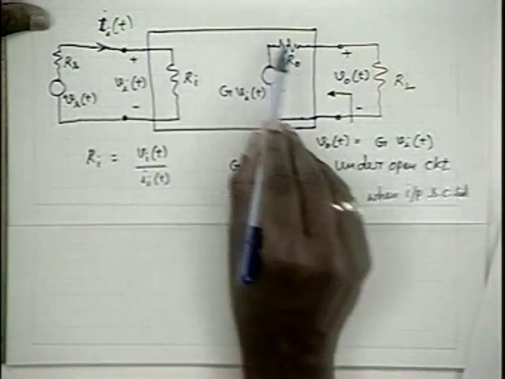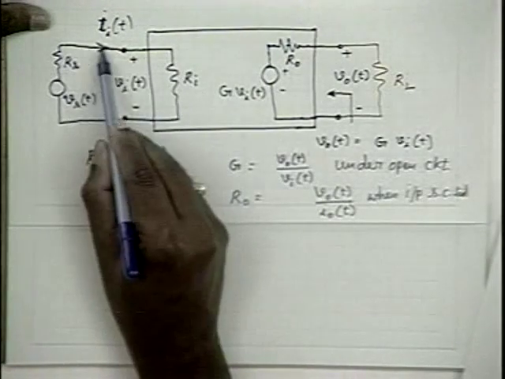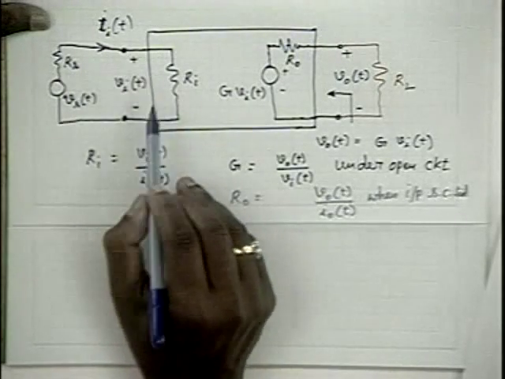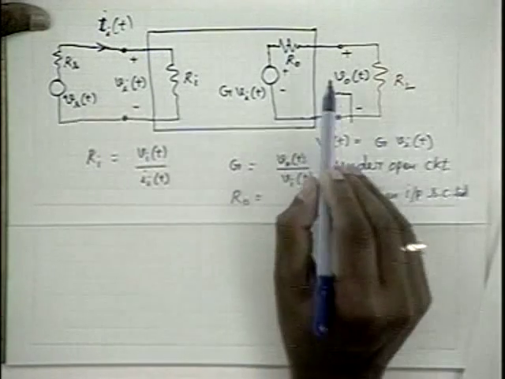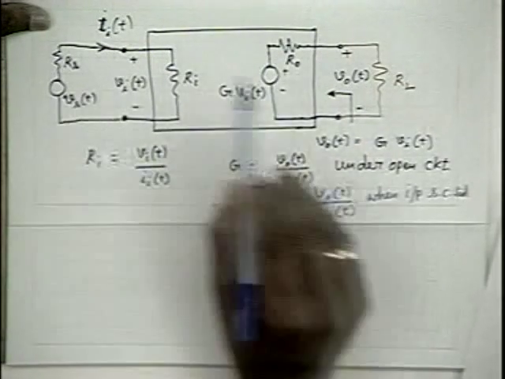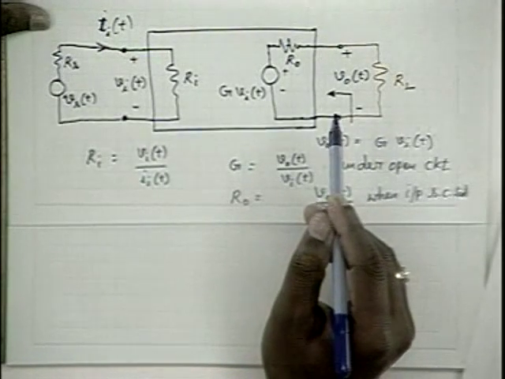If the gain of the amplifier is actually 100 under open circuit conditions, and there is an attenuation to half here and a drop in voltage to half here, the overall gain is going to be 100 into one quarter, which is 25.